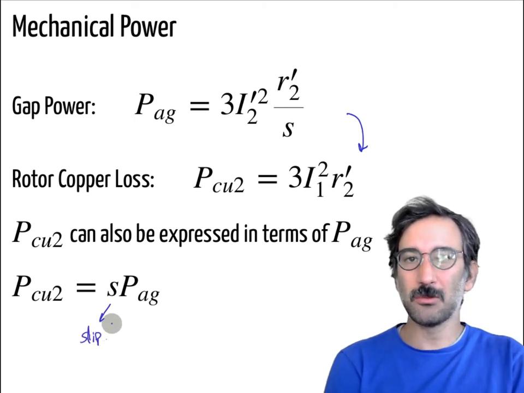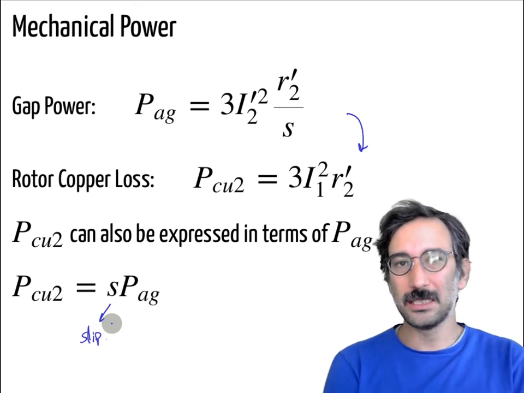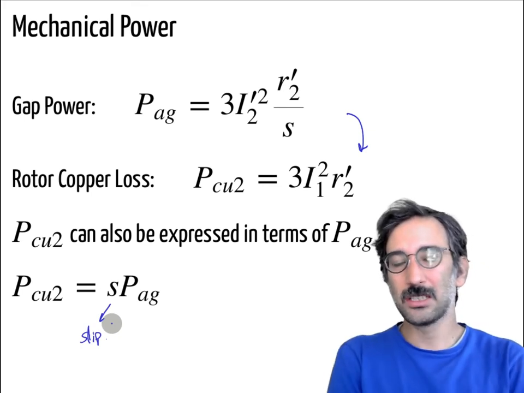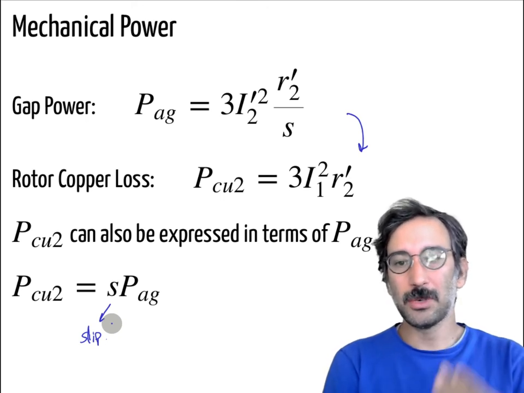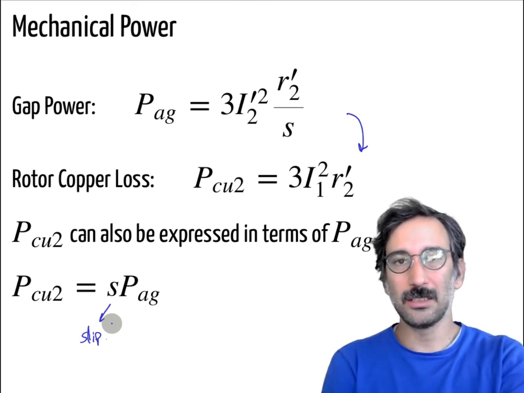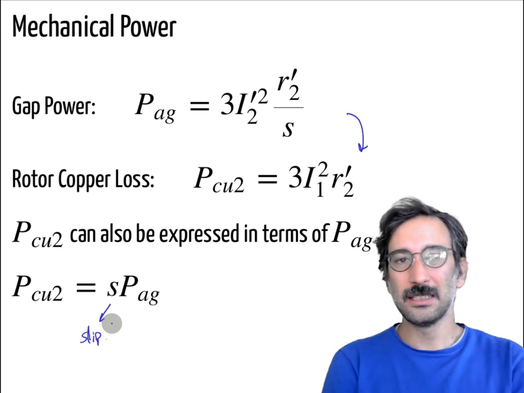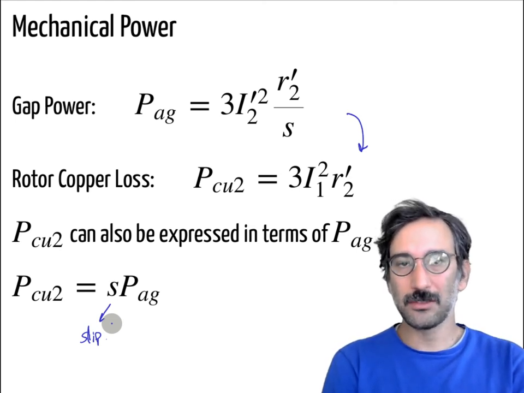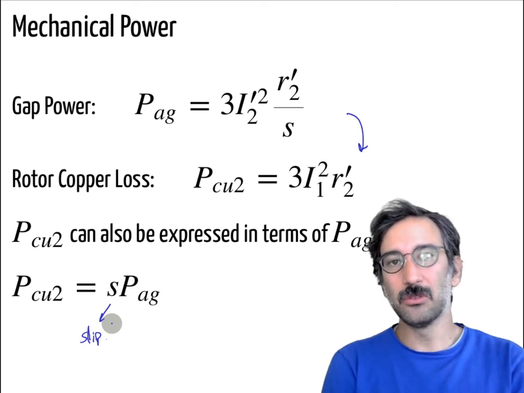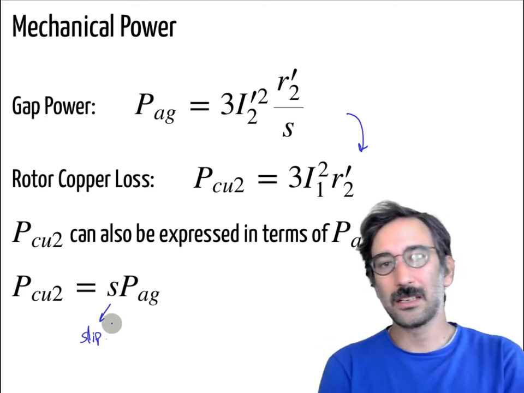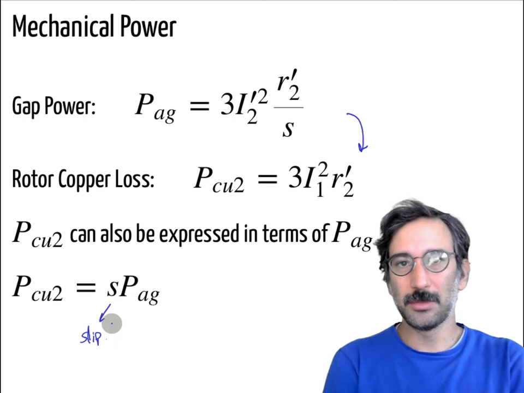So once, for example, slip is 1, as we discussed a few moments ago, all the power is converted to heat in the rotor windings. If the slip is 0.5, then half of the power is dissipated as heat, and only half of the air gap power is converted to mechanical energy.